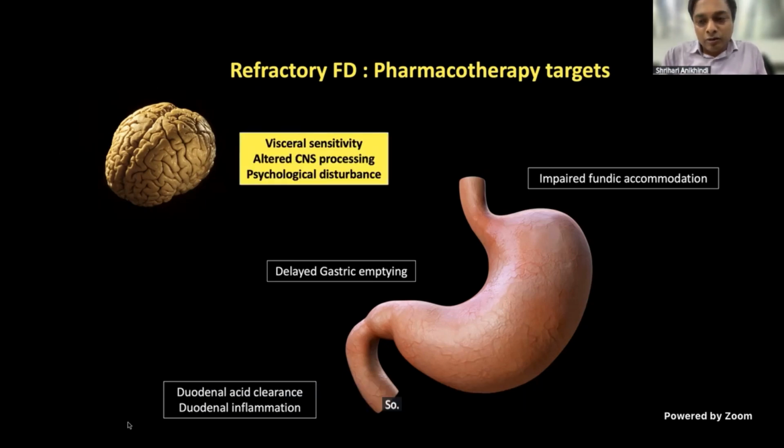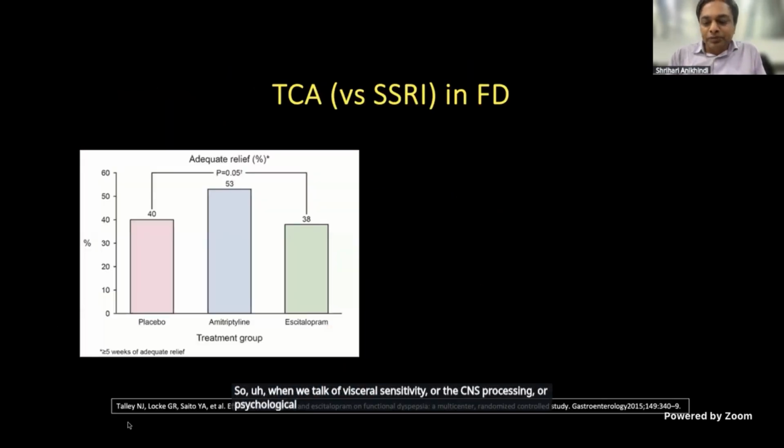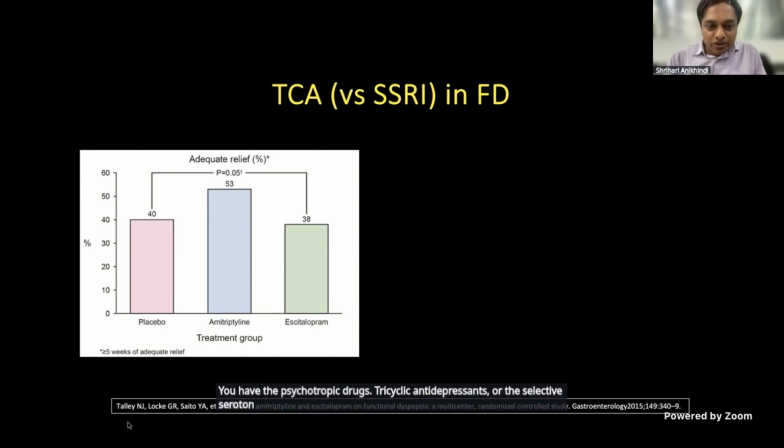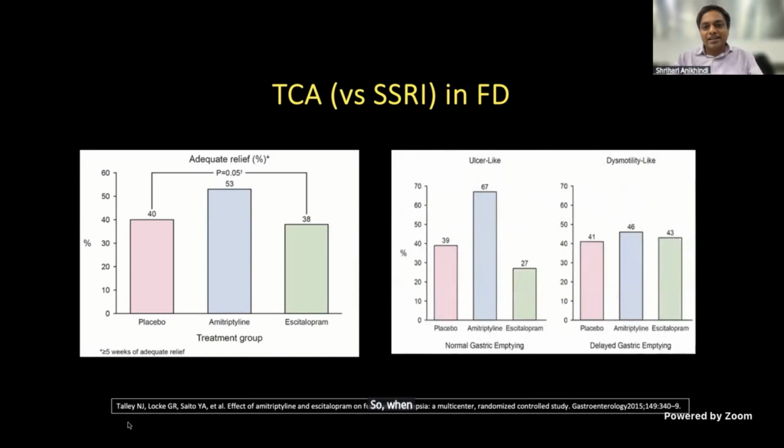So when we talk of visceral sensitivity, CNS processing or psychological disturbances, you have the psychotropic drugs, tricyclic antidepressants or the selective serotonin reuptake inhibitors. When we talk of tricyclics versus SSRIs, it has been seen that the tricyclics work very well, in fact much better than SSRIs.